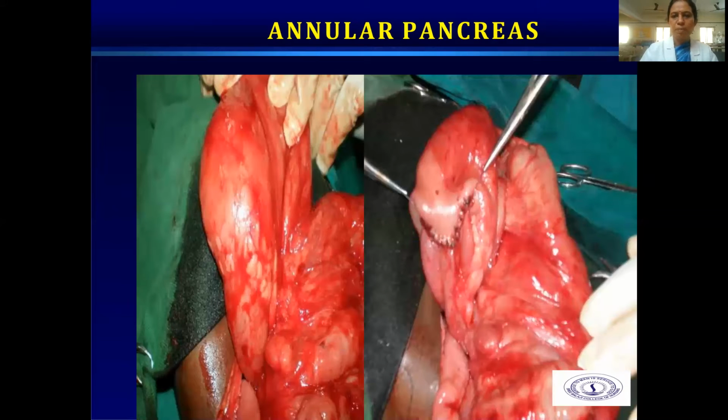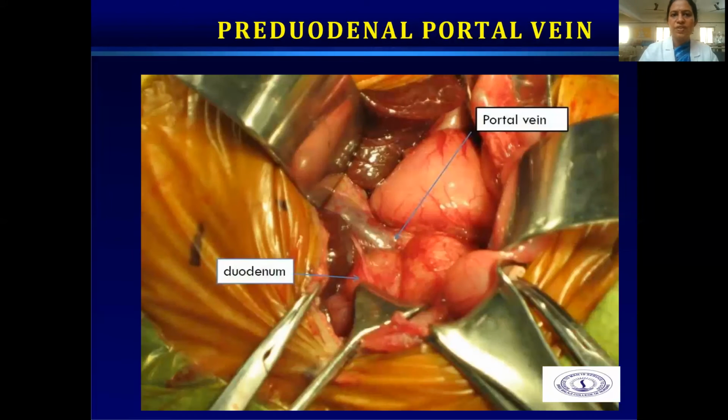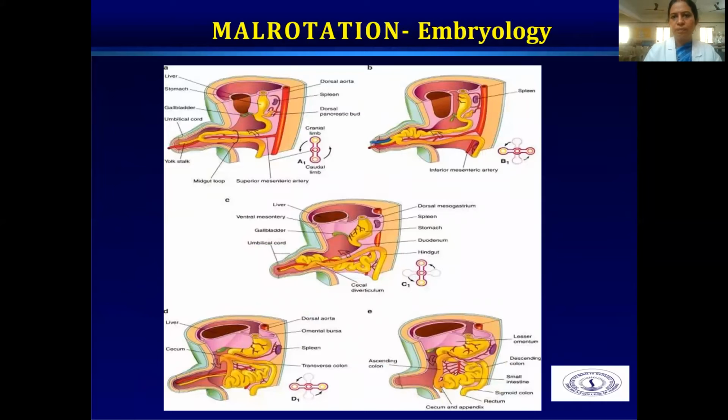Now we see the annular pancreas, how it is surgically repaired. So this is the pre-duodenal portal view. On the top, you see the portal vein, and then you see the duodenum. So this is how it's being visualized. And the embryology of malrotation is shown here in pictures A, B, C, and then D1.